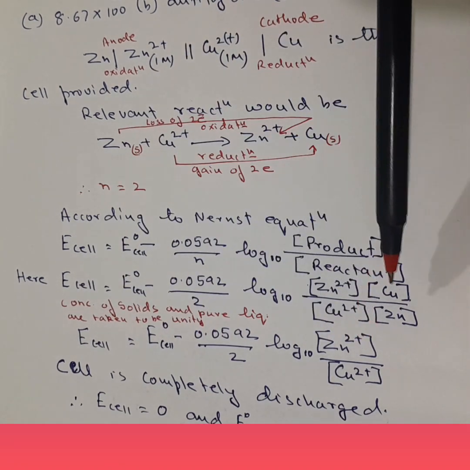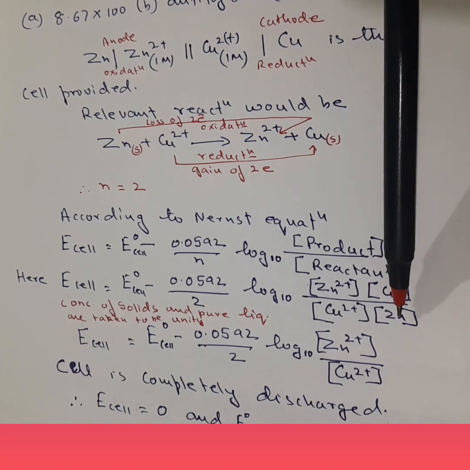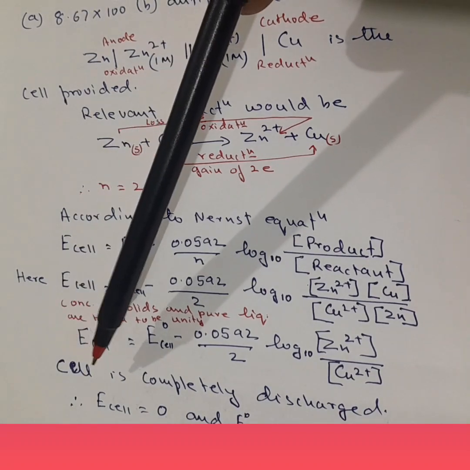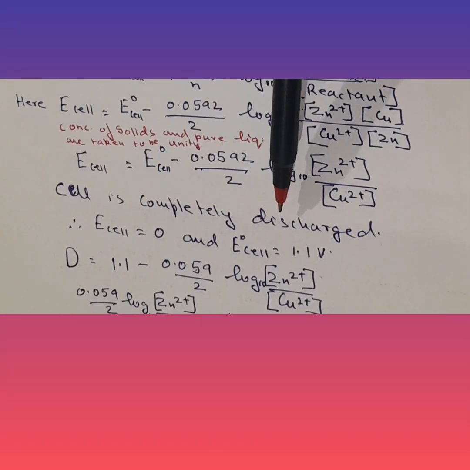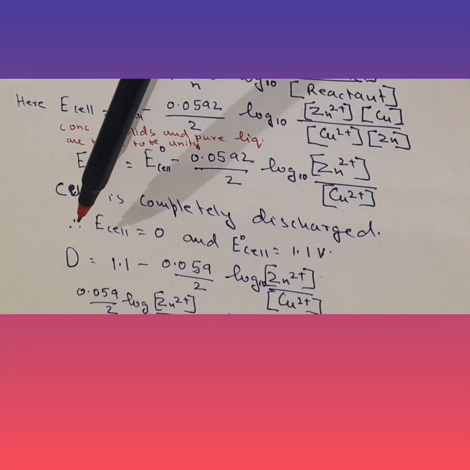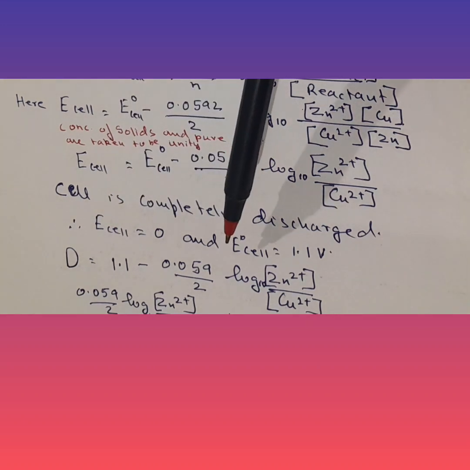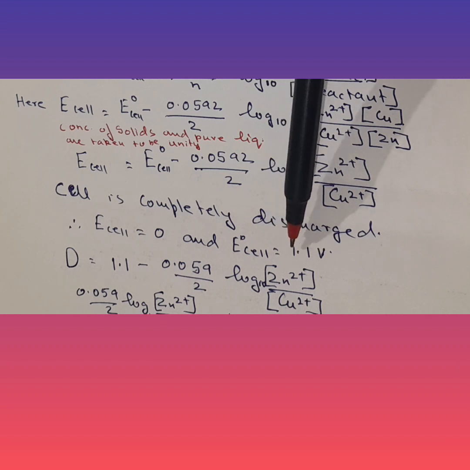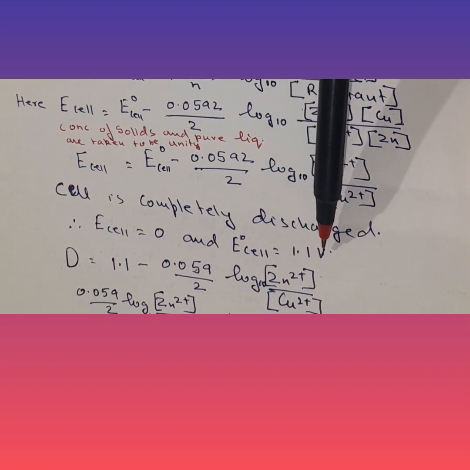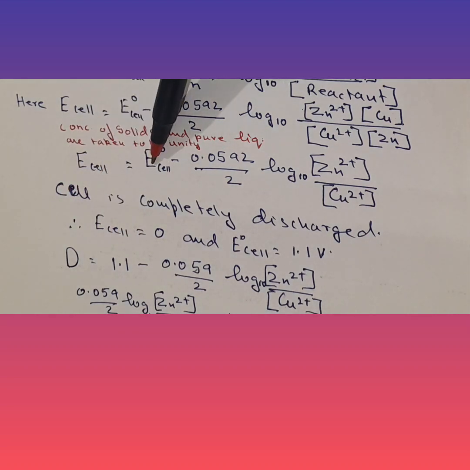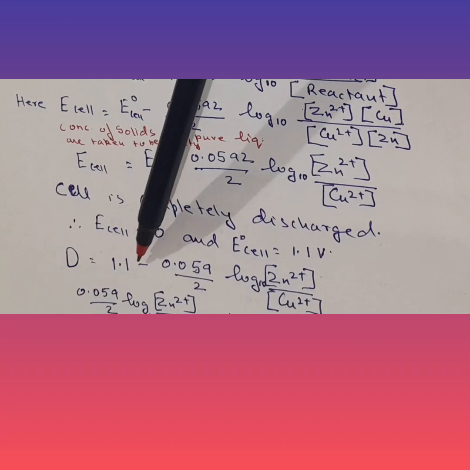Now, the cell is completely discharged is what is given. Therefore, E cell is 0. And also provided is E0 cell is 1.1 volt. So the equation takes the form where this becomes 0 and this becomes 1.1.